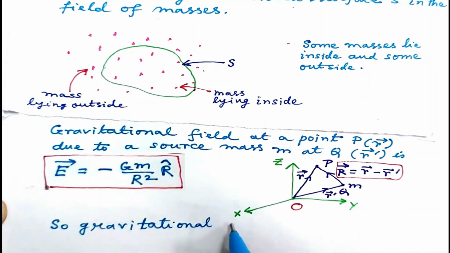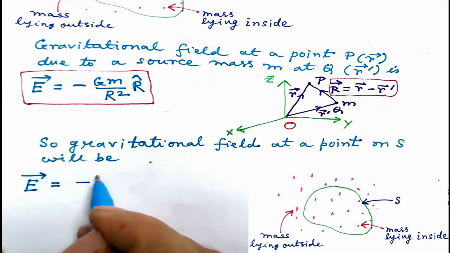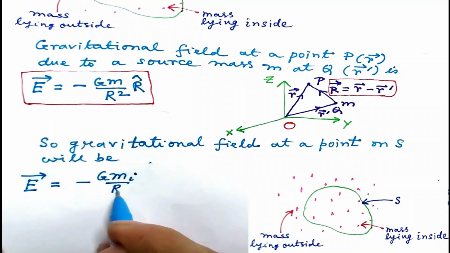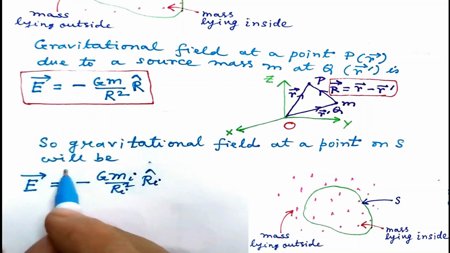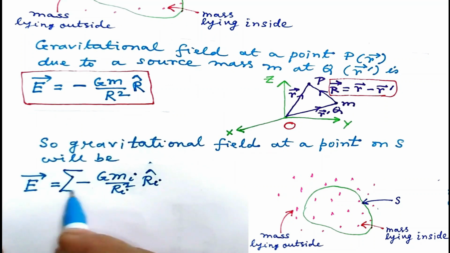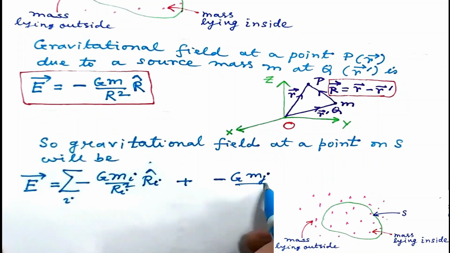So the gravitational field at a point on S will be vector E equal to minus G m_i by r_i square into r_i hat. This is the contribution of the interior ith mass m_i to the gravitational field vector E. This means we have to sum over i. Plus, now we write the contribution of the external jth mass, which is minus G m_j by r_j square into r_j hat.